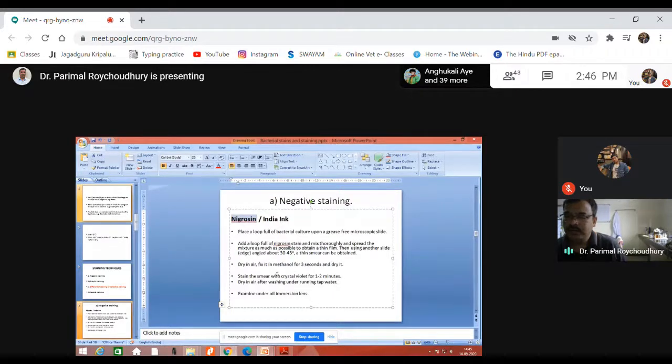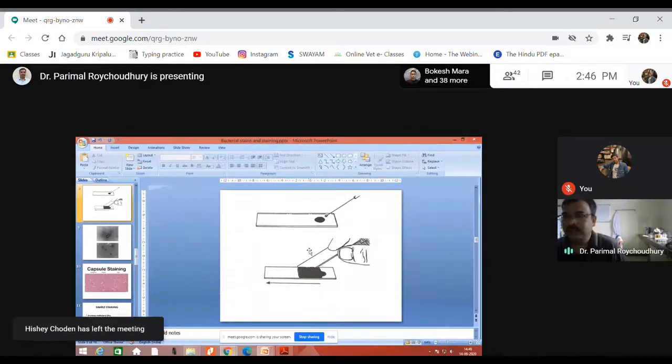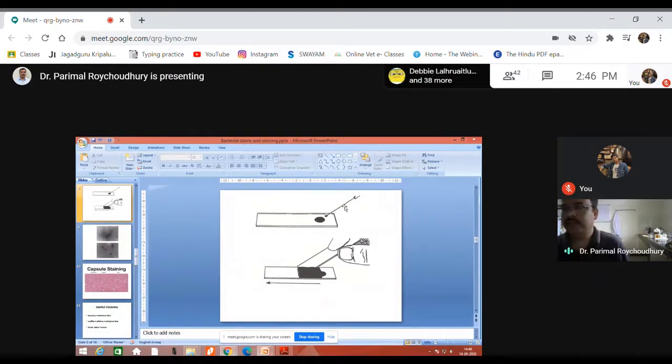So a little bit of modification we can do. What basically we do is, let us see it here. We just put a drop of nigrosin dye on a slide, and then we pick up the bacterial culture and mix it with the dye compound. After that, using another glass slide, just like a blood smear, at a 45-degree angle, we make a smear. Once we prepare this smear, we dry it.